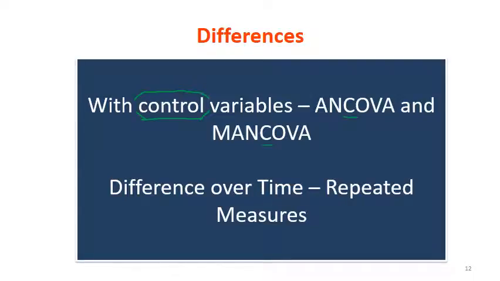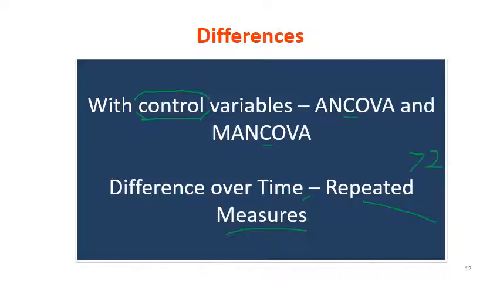And let's say we want to look at differences over time, more than two times, like in repeated measures, that means we are repeating the measure more than twice. So, for example, if we want to see the effect of a promotion on sales, we could take data from three time frames: pre-sales, during the sales, and after the sales.